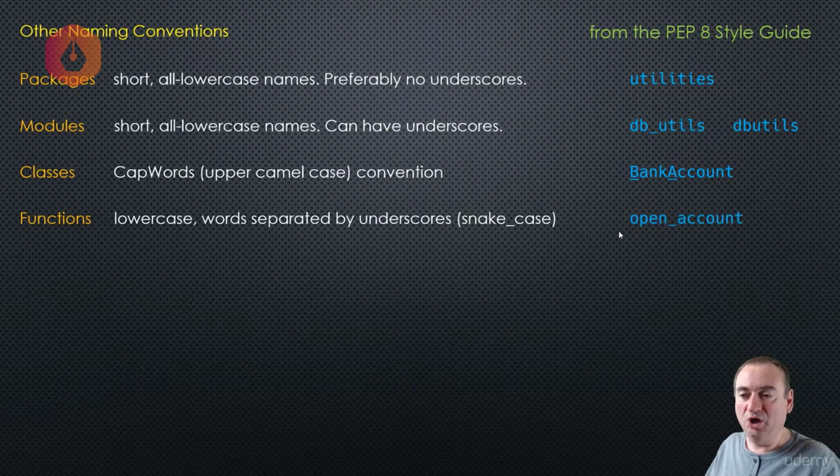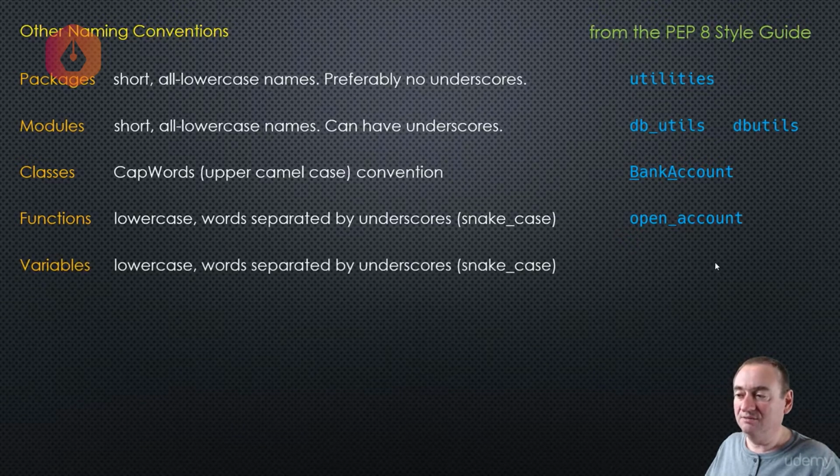So for example, open_account. This might be a method in your bank account class called open_account. Variables should be lowercase, words separated by underscores, snake case, same as functions. So basically we follow the same convention for naming variables as we do for naming functions. So for example, account_id.